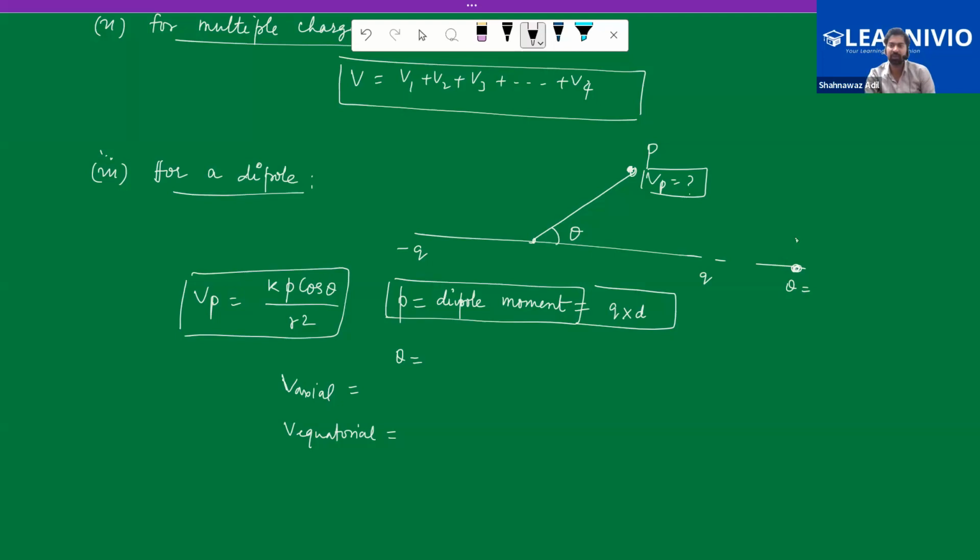This is the axial point, right? And this would be the equatorial point. So what is theta in here? This is the angle theta, and if I'm at this point, what is my theta? And if I'm at this point, what is my theta? Yes, guys, tell me.